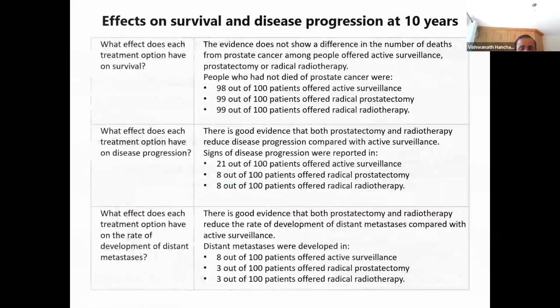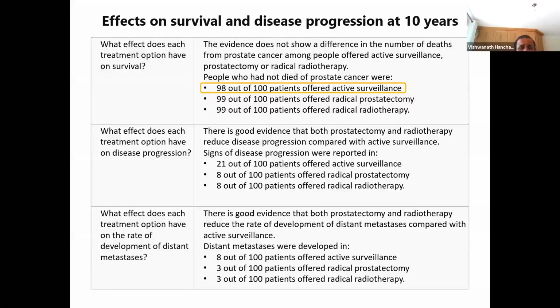But this is a good example that active monitoring in low risk patients can have very little impact on their overall survival. Now, we also need to look at the effects on survival and disease progression at 10 years from this data.